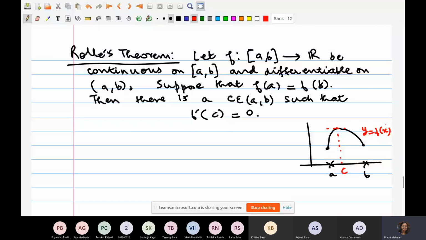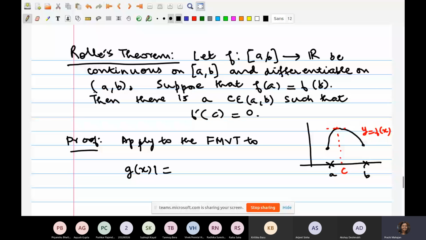And this is an immediate corollary to the first mean value theorem. How do you deduce Rolle's theorem from the first mean value theorem? You construct another function g and apply the first mean value theorem to it. How do I define g? The function in the first mean value theorem assumes the value 0 at the endpoints, so I say g(x) is f of x minus f of a.